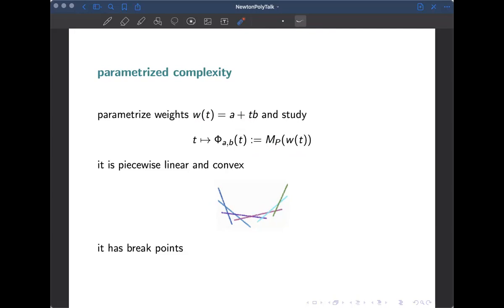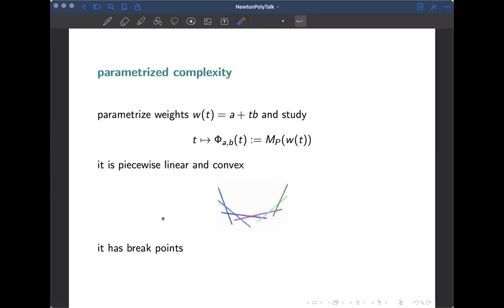To measure its complexity, we defined a one-dimensional family of weights. From it, we got a function from the reals to the reals. And now we have a number associated with this function. Its complexity, or its cost, perhaps, is the number of breaking points.